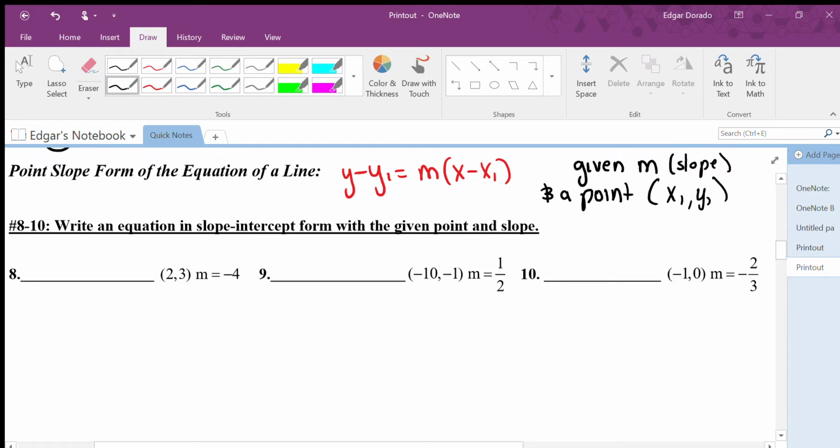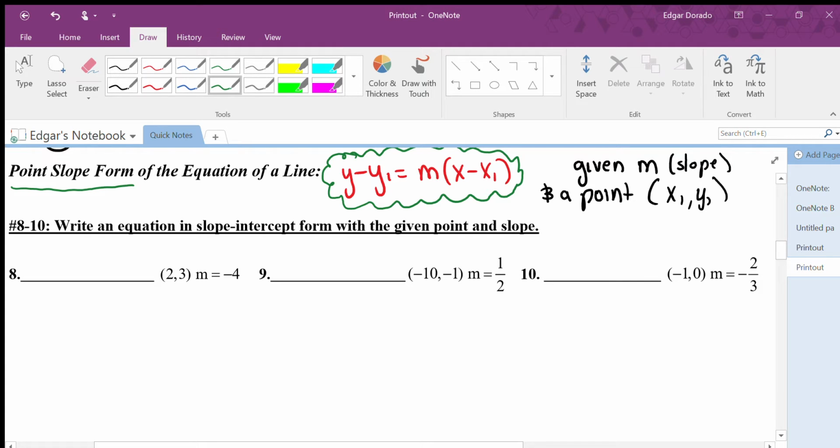Okay, so if you're given a point and a slope, you can write something in point slope form. Definitely make sure you try to memorize this formula right there. That is called point slope form.